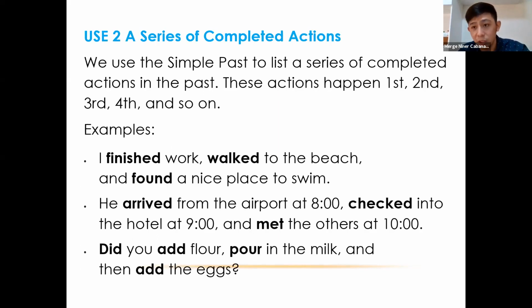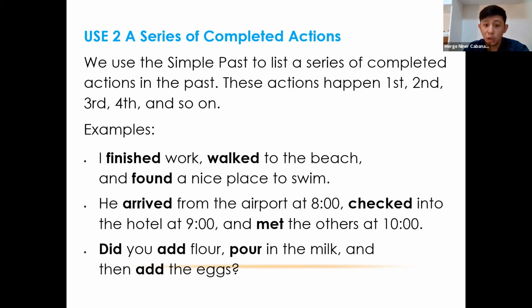Series of completed action. That's it. There should be what we call sequence in your presentation of ideas. So you will arrange the order of the events, how they occurred. So you will just put them in a series and you will just be enumerating which those words are.